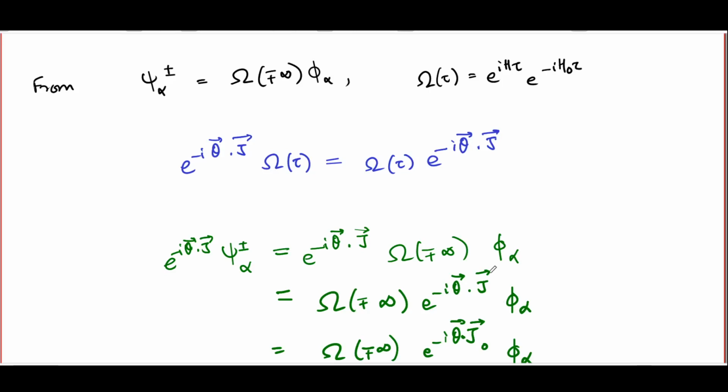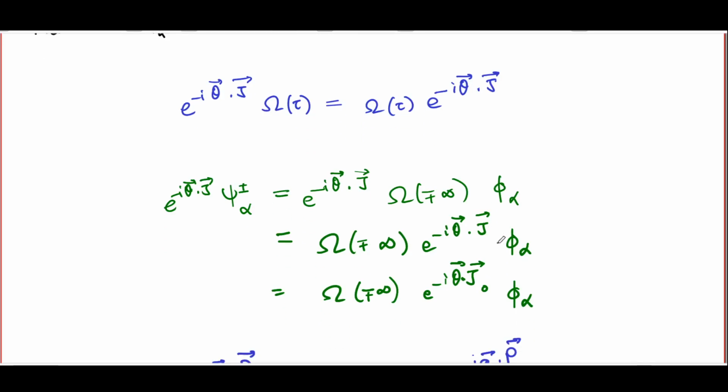Therefore what you can see is, if you first apply the rotation, J being the same as J0, this is exactly the same operator, on the free particle states, and then find the corresponding in and out states, the resulting thing is the same as first starting with the corresponding in and out state to the free particle state phi alpha and then rotating it.